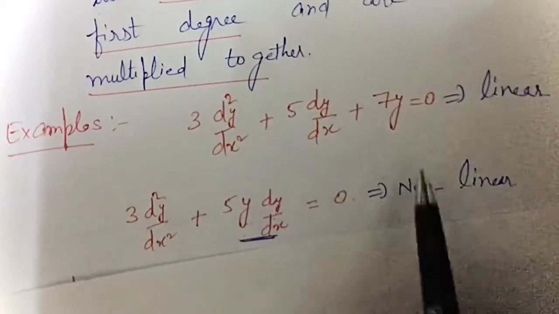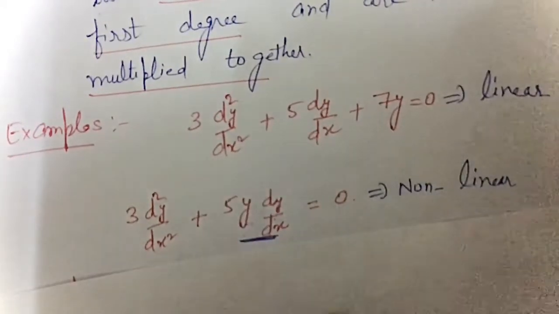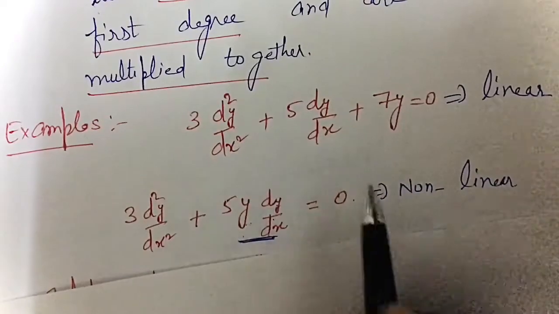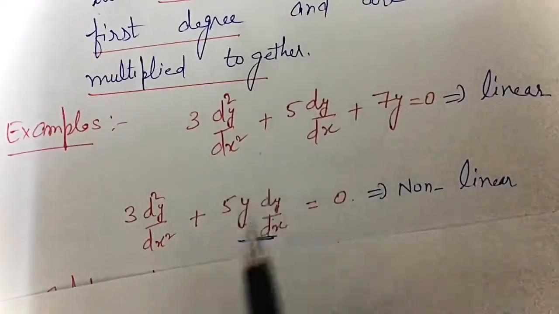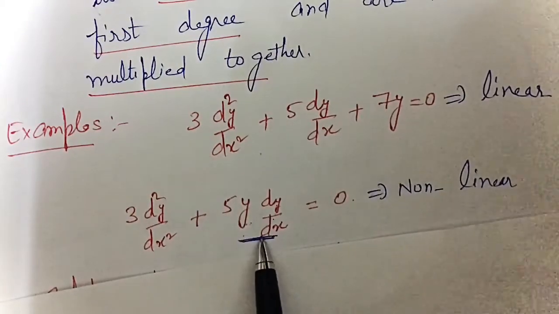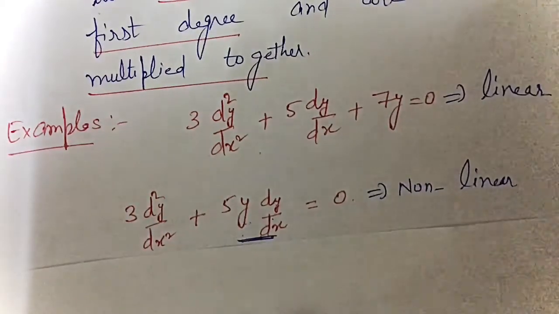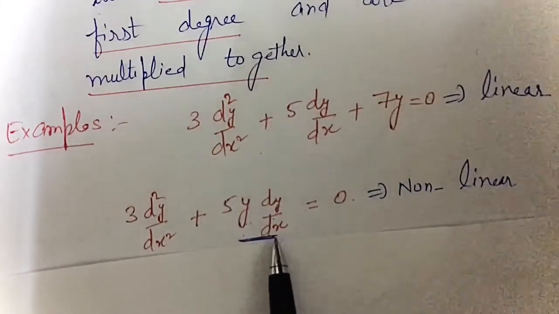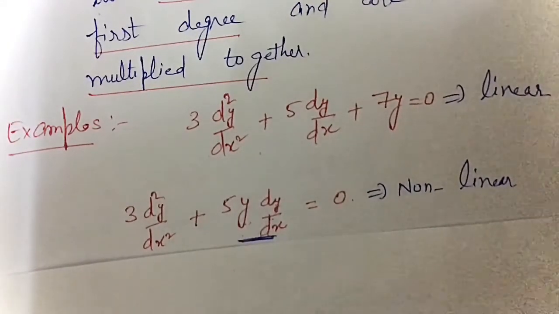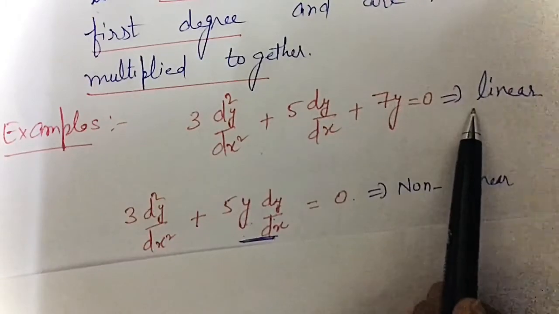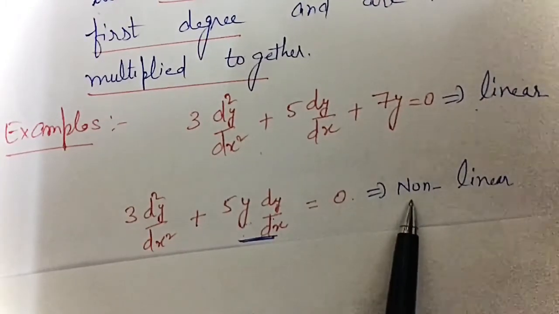So to find the linear differential equation, there are two conditions. First is they should occur in the first degree. In this equation they are in the first degree. In this equation also they are in the first degree. So first degree is not the only condition, we have to check this also: they should not be multiplied together. Clear? In this way, this is the linear equation and this is the non-linear equation.